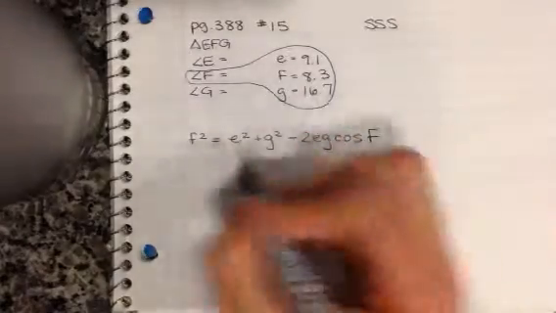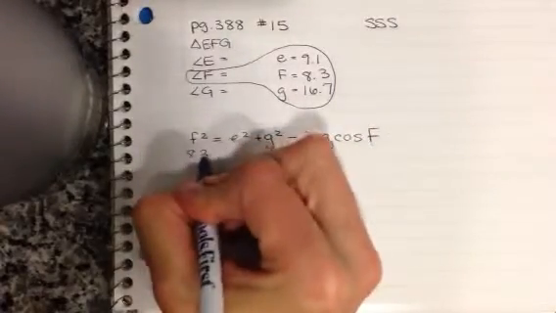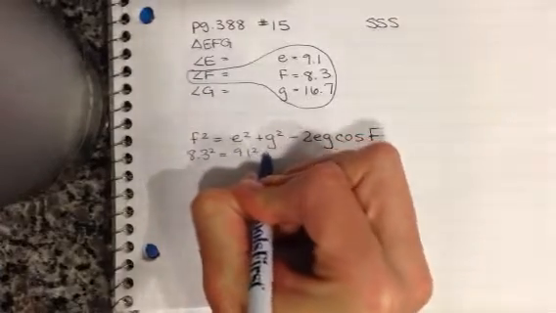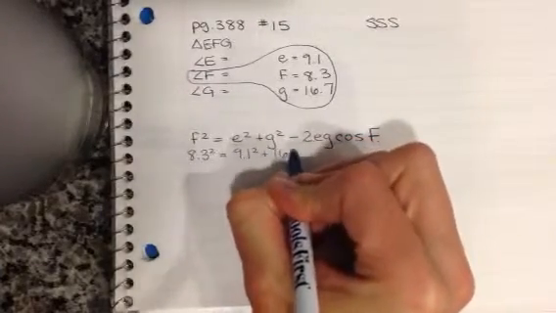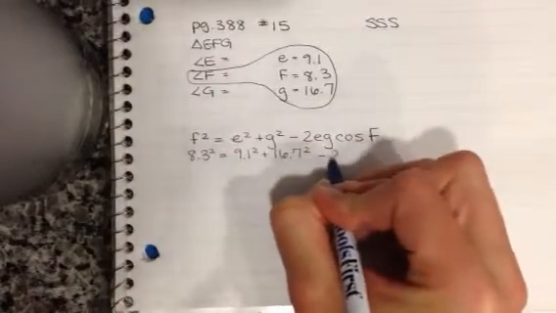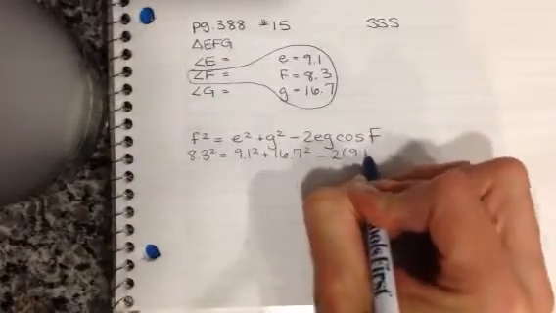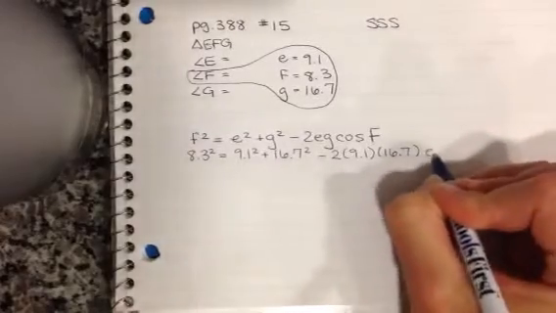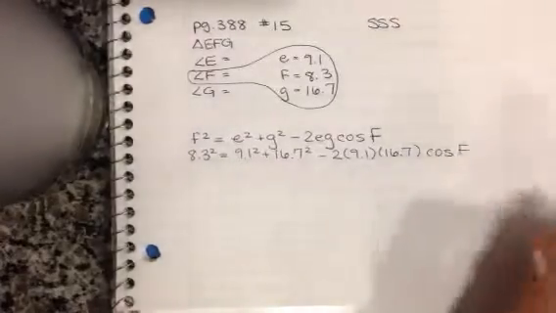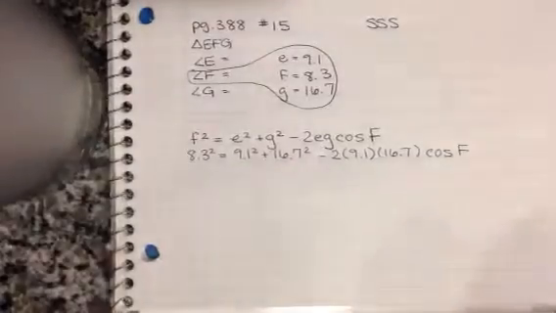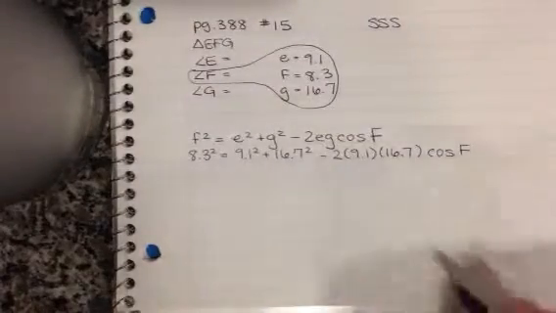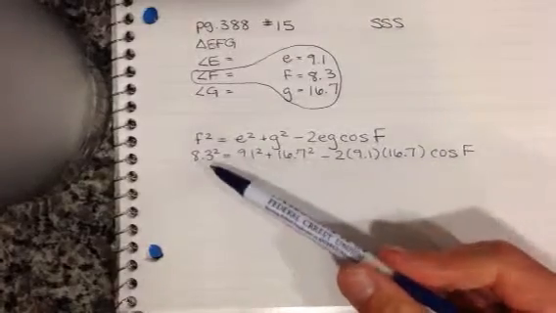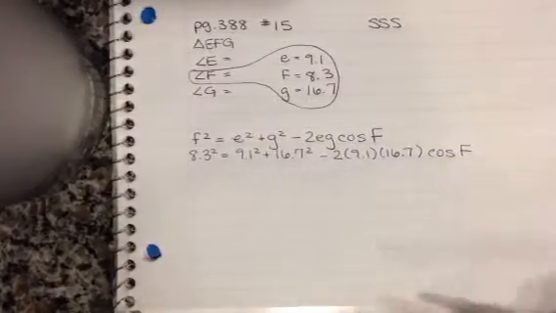So f squared, that's 8.3 squared, equals 9.1 squared plus 16.7 squared minus 2 times 9.1 times 16.7 times the cosine of f. Now, I might go faster than you guys because I've been doing it a lot longer, but you might want to pause each time that I'm going through each step.